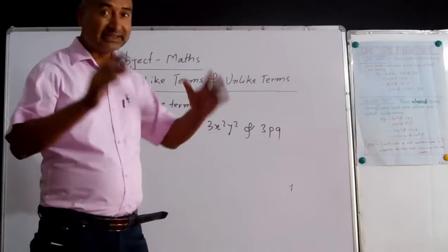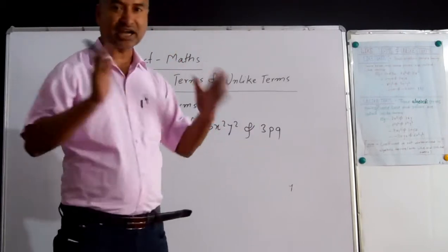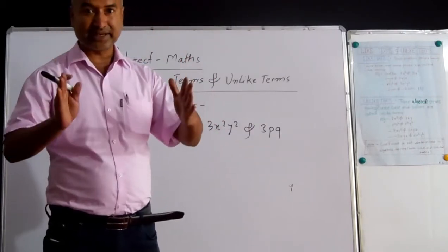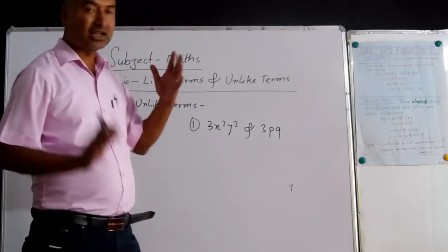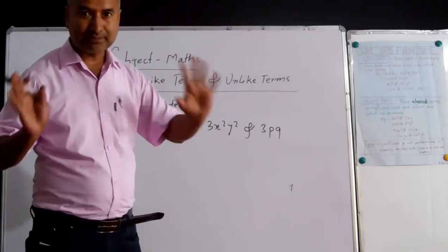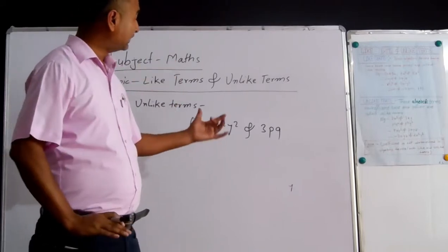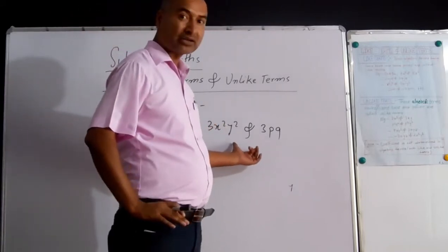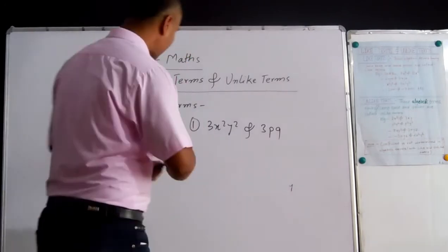So we can say they are different from each other. Those algebraic expressions which have no same power or no same base, that means the variables are not the same, those terms are called what? Unlike terms.